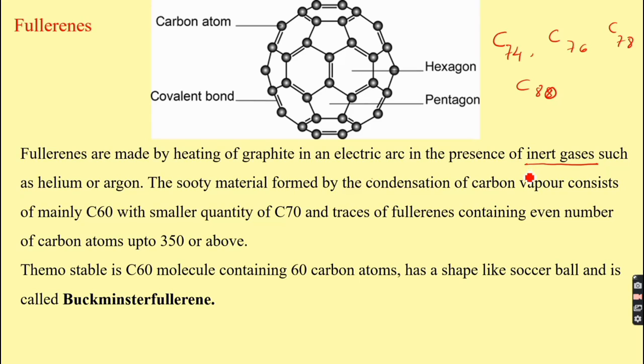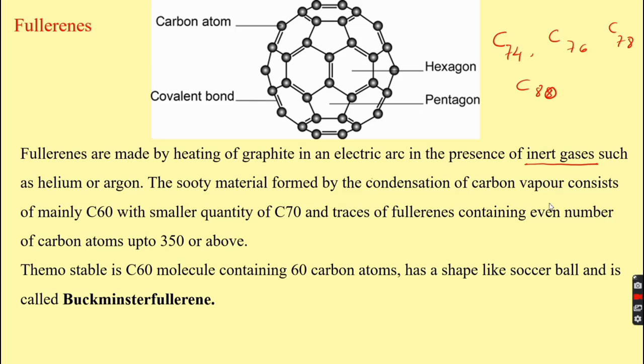The most stable form of fullerene is C60, containing 60 carbon atoms and having a shape like a ball.